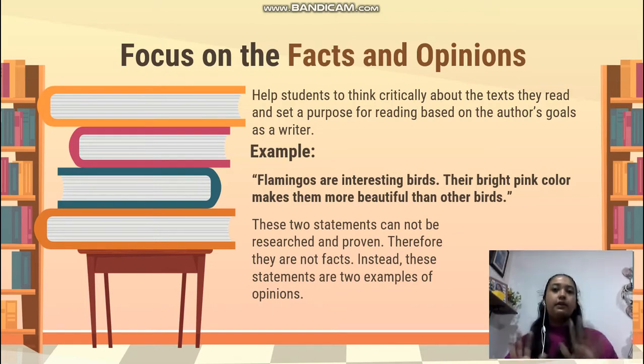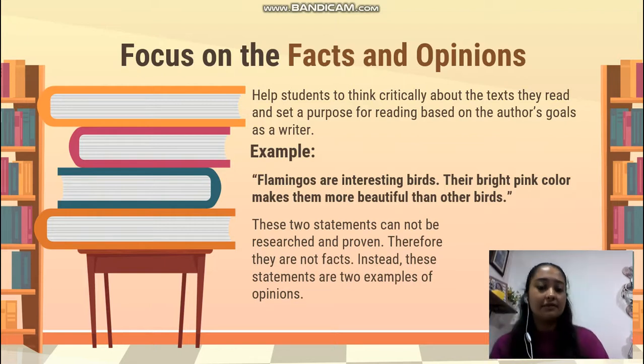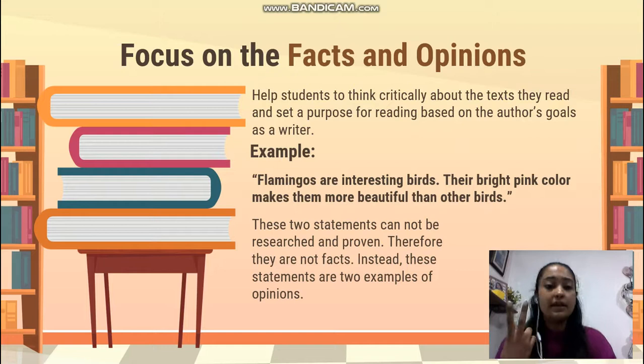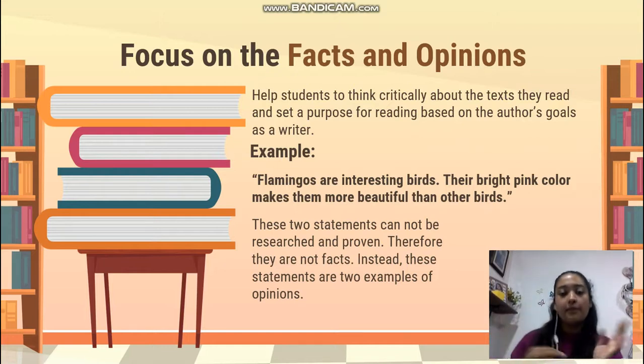Here it says, flamingos are interesting birds. Their bright pink color makes them more beautiful than other birds. Because the sentence is about flamingos, many students can identify it's non-fiction. This quick categorization might also lead a student to believe that it's a fact that flamingos are interesting and more beautiful than other birds, but they will be wrong, because these two estimates cannot be researched and proven.